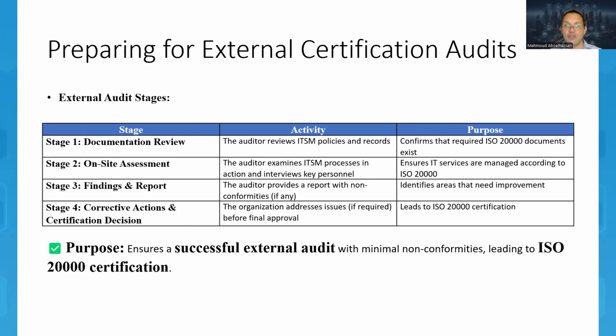Your organization will address all findings and issues before final approval, which will lead to achieving the ISO 20000 certification. The purpose of this stage is to ensure that you successfully pass the external audit with minimal non-conformities.